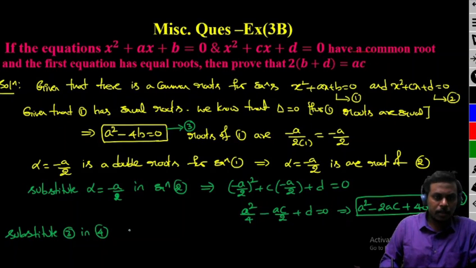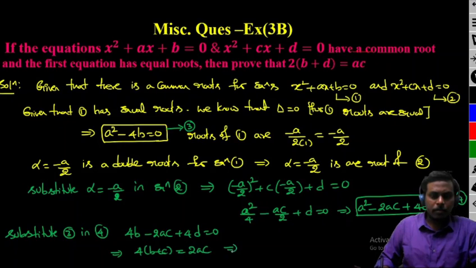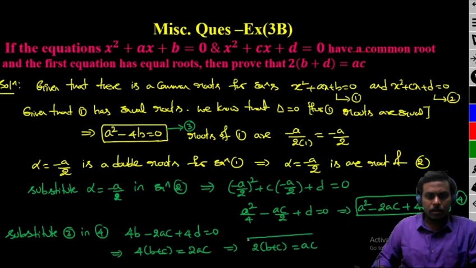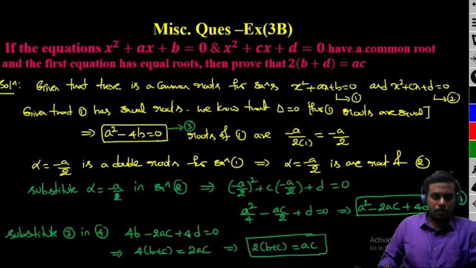We get a square replaced by 4b, minus 2ac plus 4d is equal to 0, which implies 4 into b plus d is equal to 2ac, which implies 2 into b plus d is equal to ac. So this is what was expected to prove. We have got the solution, hence proved.